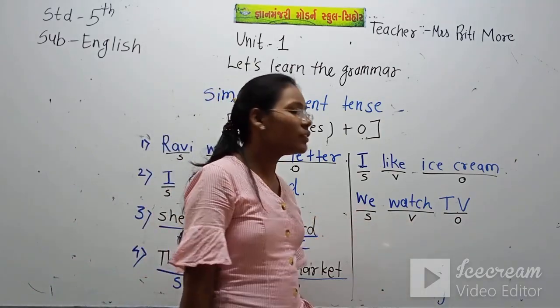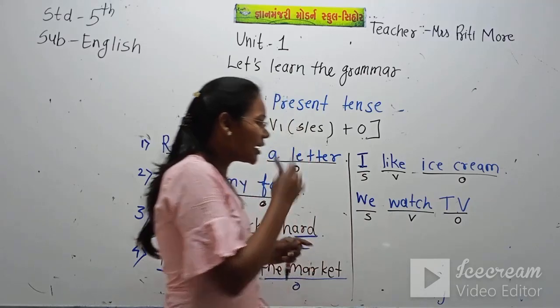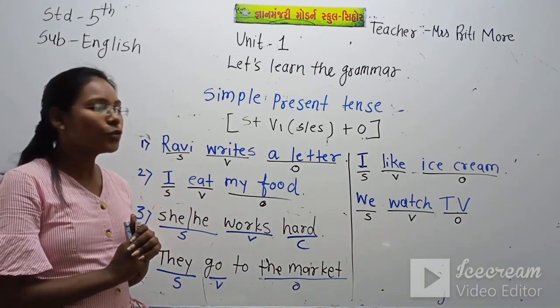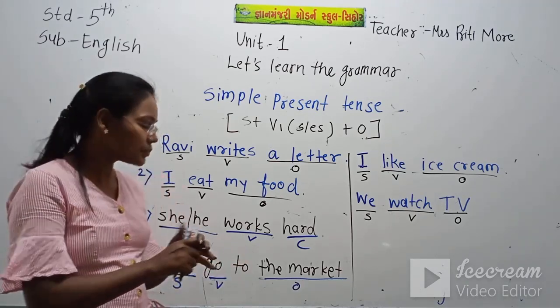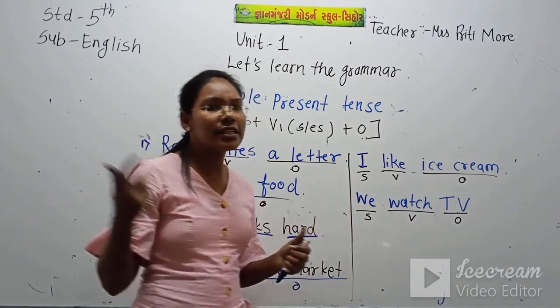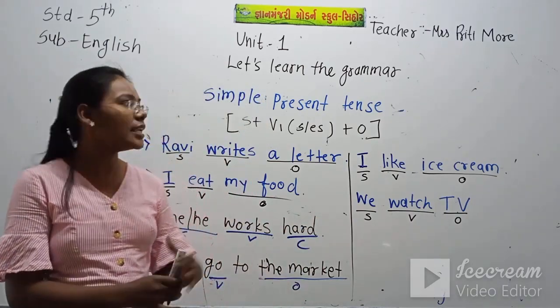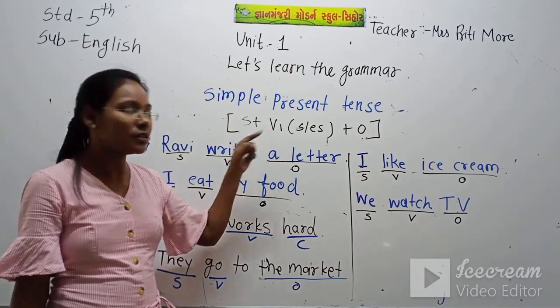We watch TV. हम टीवी देखते हैं. So here I translated all the sentences in Hindi also, so you can get how to write the answer in English and how to translate it. You can make a sentence in your mind in Hindi and then translate the sentence in English and fit that sentence with this formula.